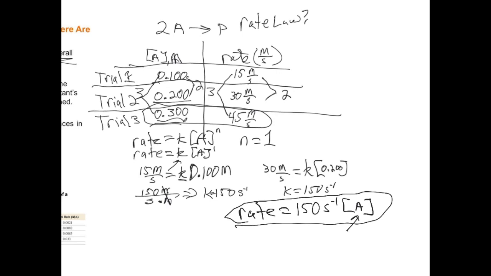Let's say I wanted a rate of 55 molar per second. Well, I can calculate what concentration I need to give me that rate. The rate law tells me how to do that. I can just solve for A. Things like that you can do, and that's one of the reasons why it's helpful to have a rate law in place.